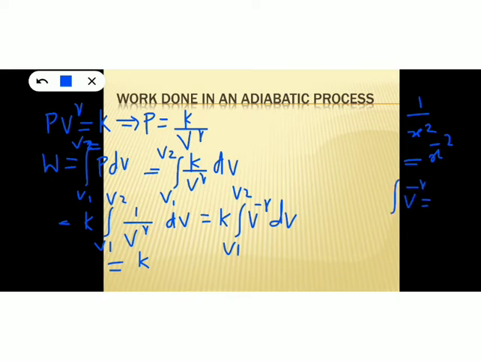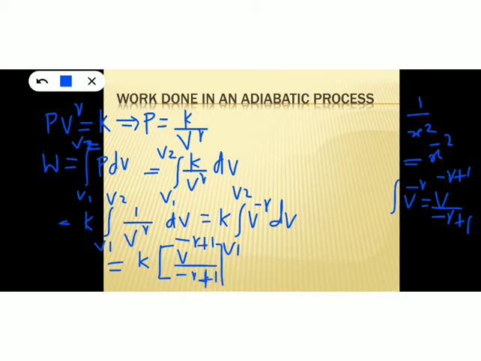Integral of V raised to minus gamma is V raised to minus gamma plus 1 by minus gamma plus 1. So we can write here K into V raised to minus gamma plus 1 by minus gamma plus 1.